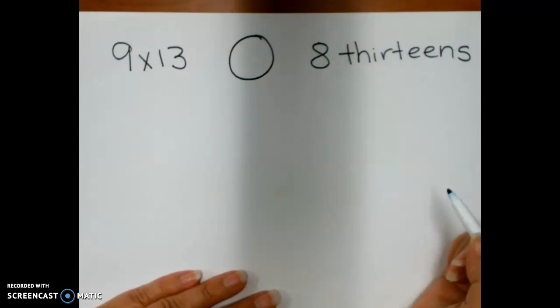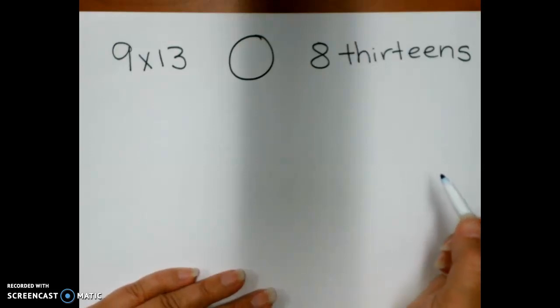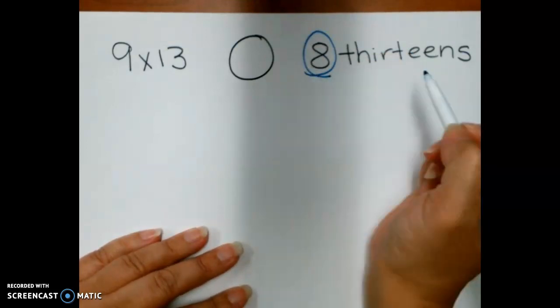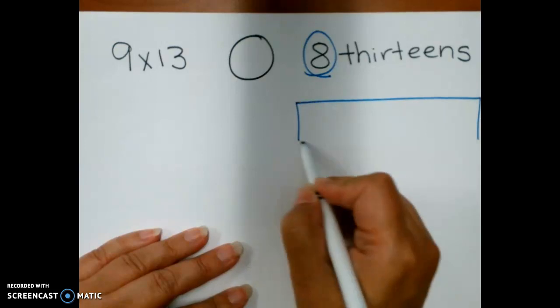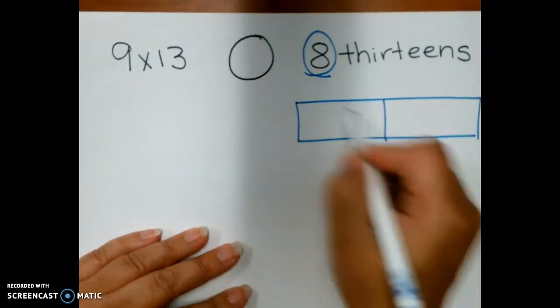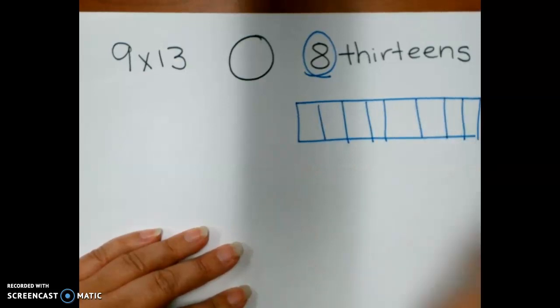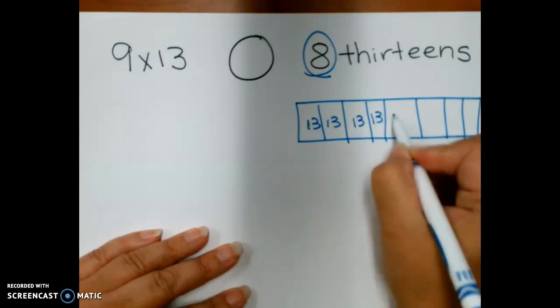The last two expressions that I'm going to work with today, I'm going to compare 9 times 13 and 8 13s. I could draw bar models and compare them, but what do I know? I know that I have 8 13s over here, so if each of these is 13, I would have 8 of them.